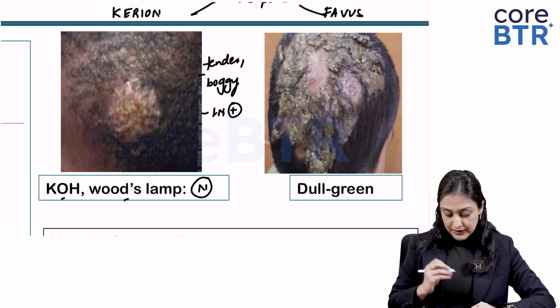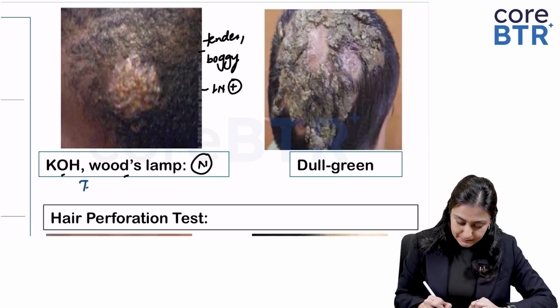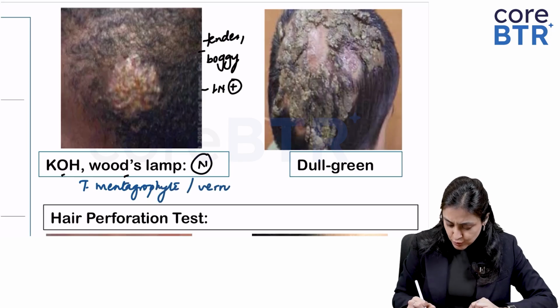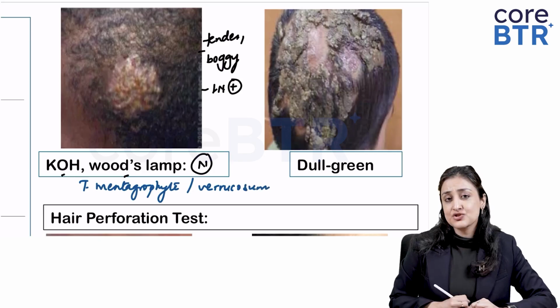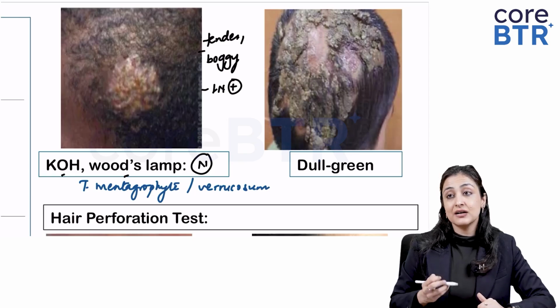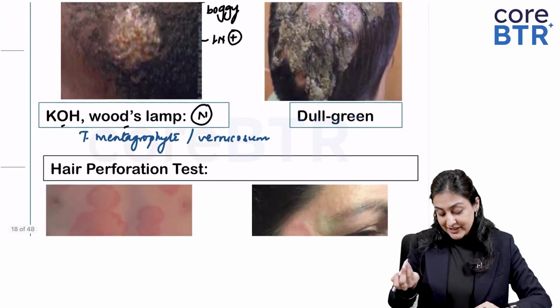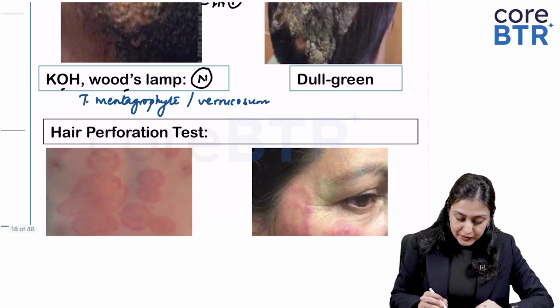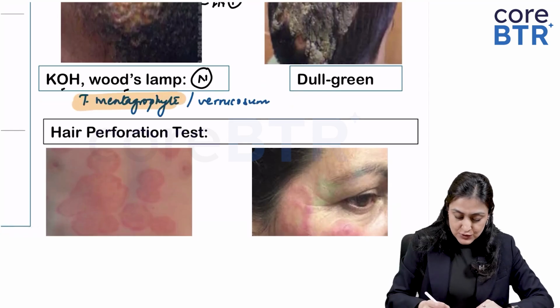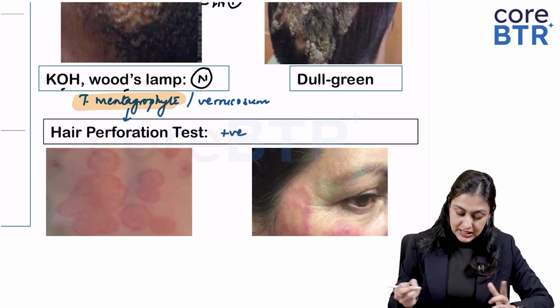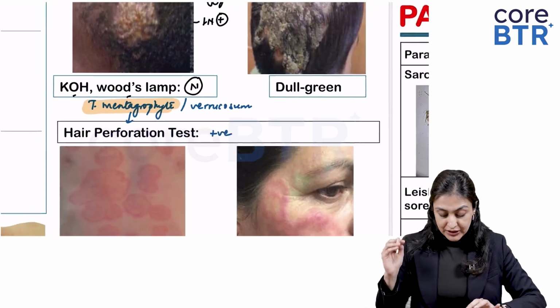That's kerion. This is caused by T. mentagrophytes and another species called T. verrucosum. Both of these are animal fungi, not human fungi. That is why there is a lot of inflammation from the human body. T. mentagrophytes particularly is a PYQ. They have asked this: the hair perforation test is positive in T. mentagrophytes, which is what we need to remember here.